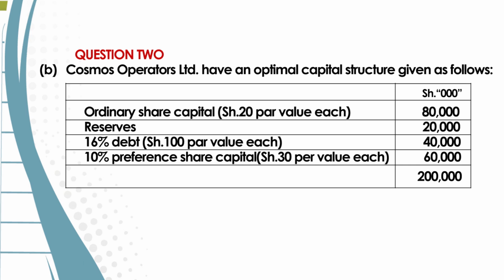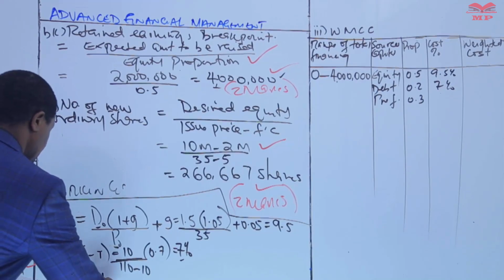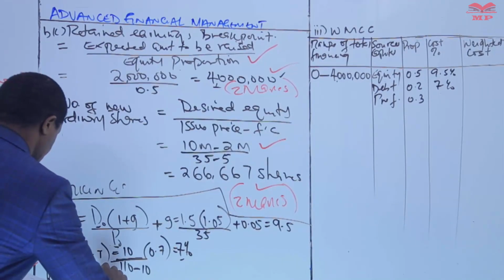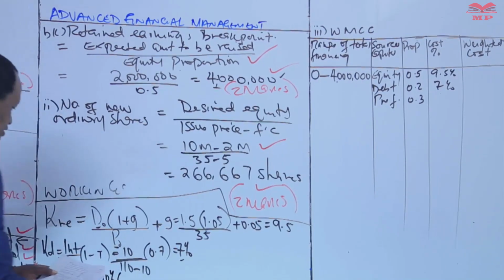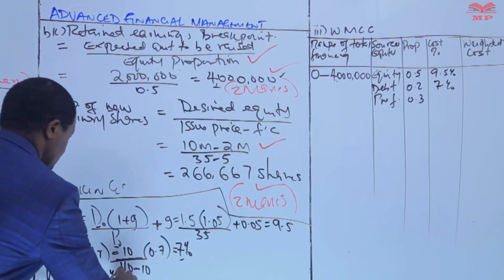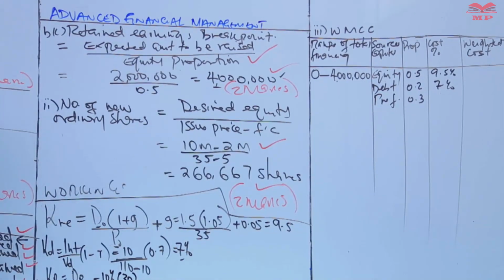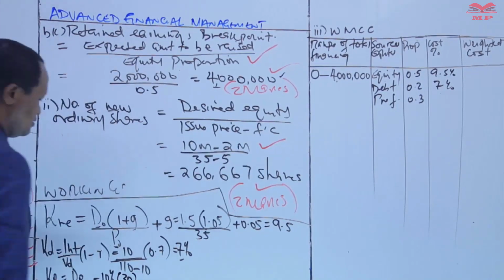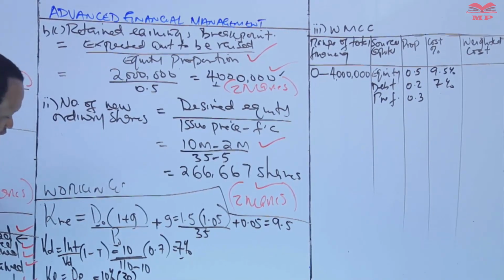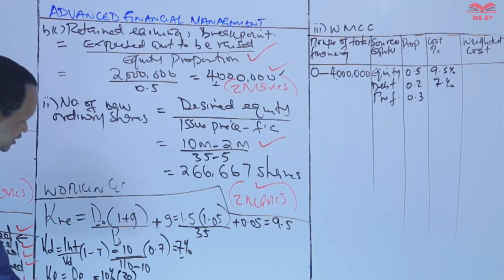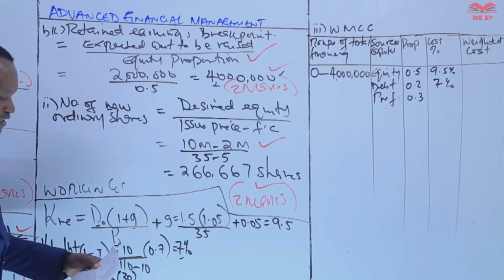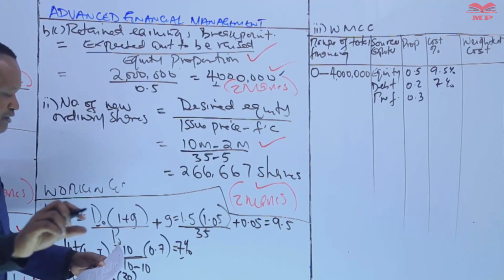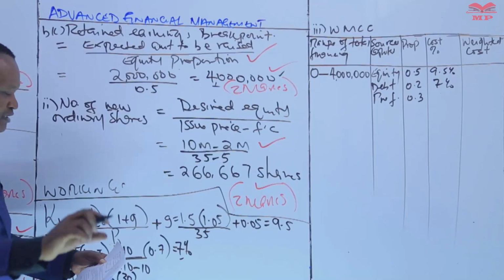So the dividend is 10% times 30 shillings. That is the dividend per share, DP. In calculating the dividend, you apply the dividend rate times the par value.